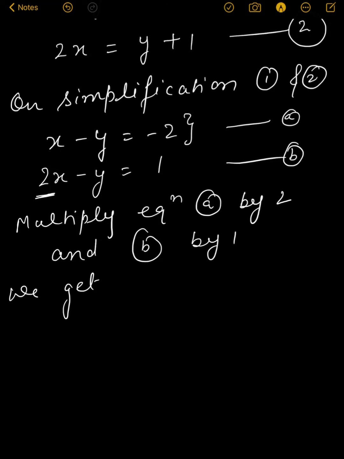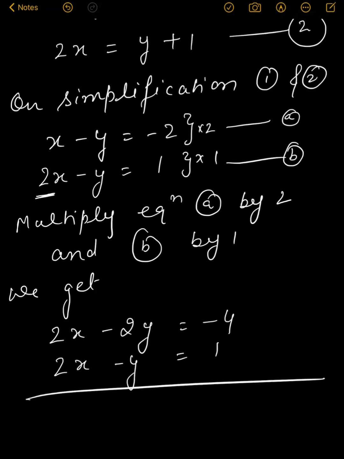We have to multiply this by 2 and this by 1. So we get 2x minus 2y is equal to minus 4, and here we get 2x minus y is equal to 1.